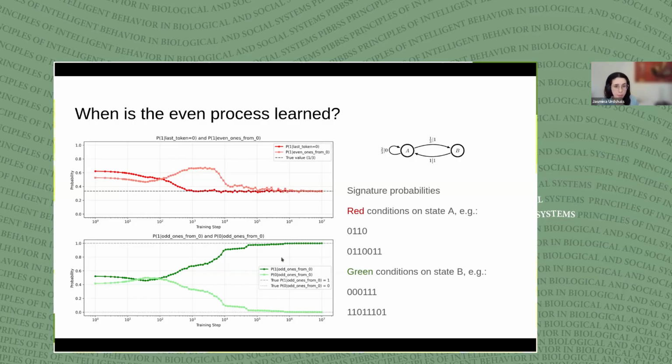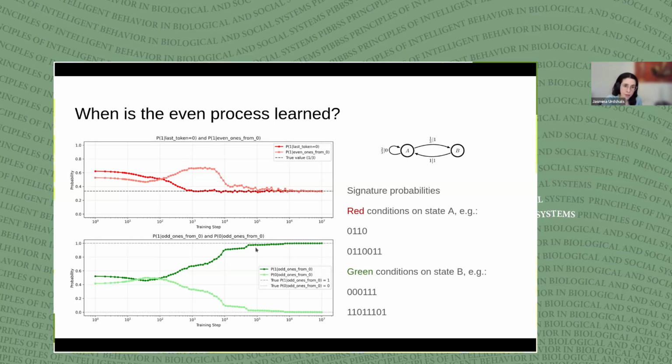The lower plot conditions on state B, and state B has a simpler rule, or somewhat, in that you need to recognize whether the last token or the last sequence of symbols is an even string of ones.